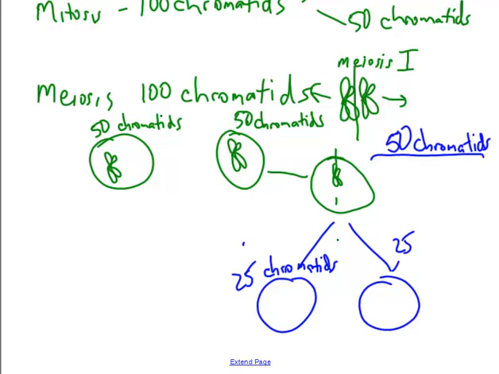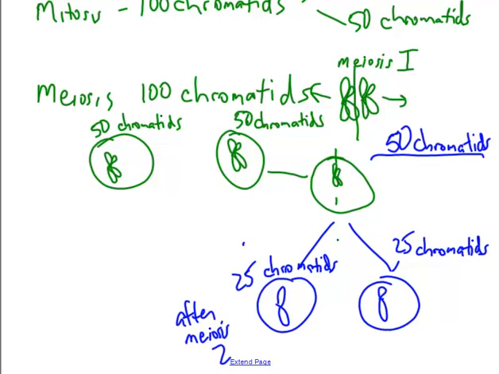Because remember, the whole point of meiosis is to reduce the chromosome number. So we started with 50 chromosomes in this organism, and their gametes, which would be after meiosis II, would have 25.